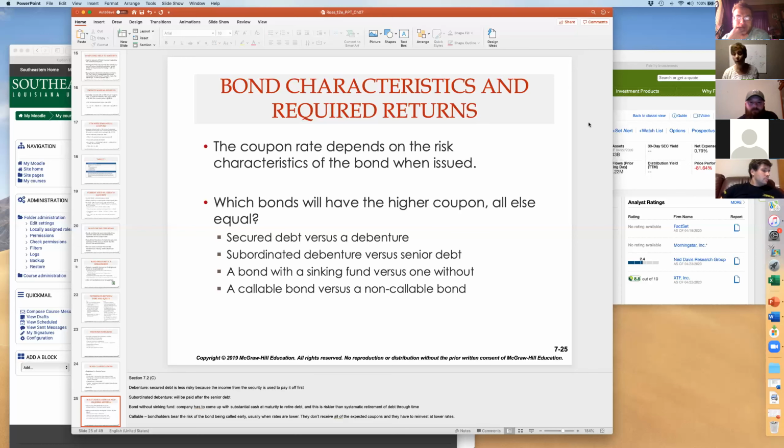A callable bond, you're going to have a higher coupon because there's this risk that the company calls back the bond and wants to refinance at a specific strike price. That puts the bondholder at risk of losing some interest. And so a callable bond will have a higher coupon versus a non-callable bond. Right? Any questions about those? About risk and return there?